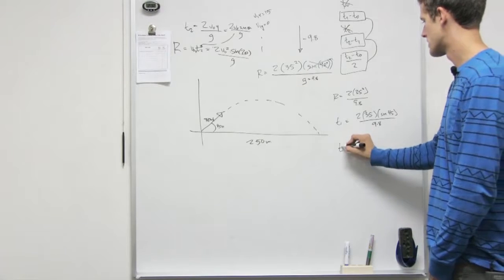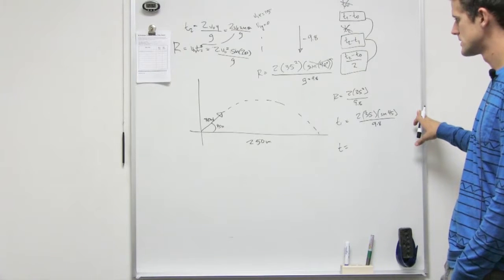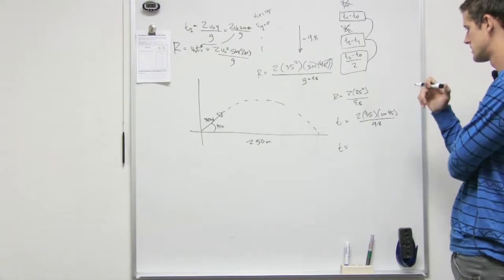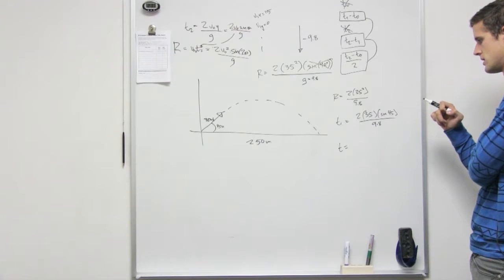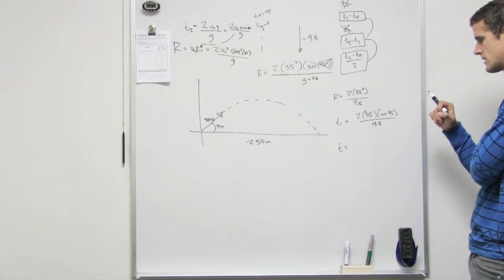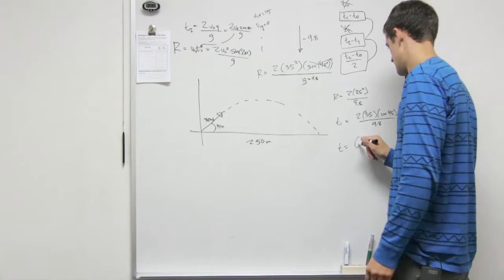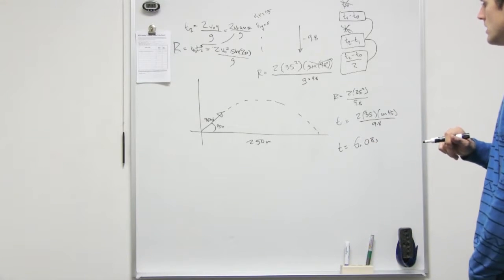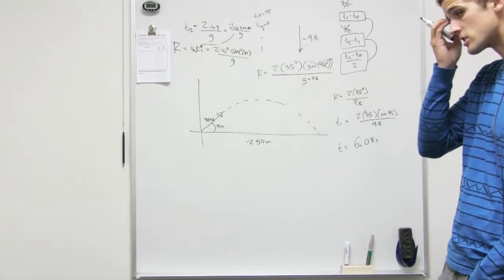So how long was it in the air? 2 times 35 times the sine of 45, divided by 9.8. T equals 6.0779, so about 6.08.